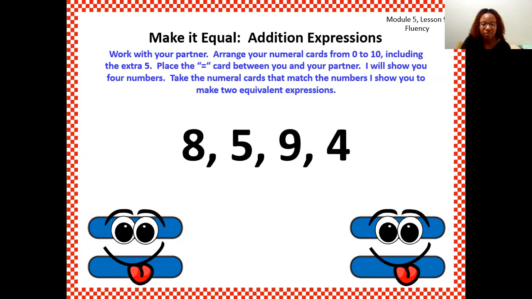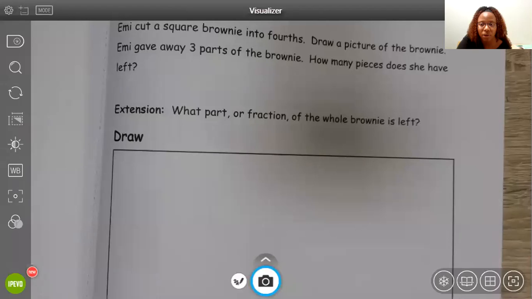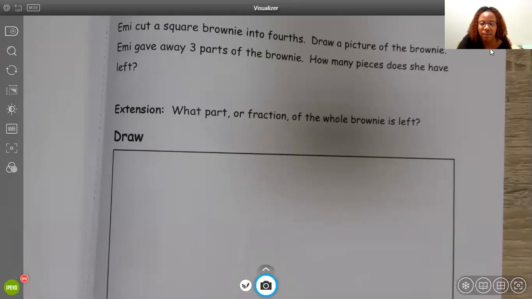All right. So that's our fluency for today. You can go ahead and grab a clean sheet of paper if you want it for our application problem. All right, scholars, here is our word problem for today. It says, Emmy cut a square brownie into 4.